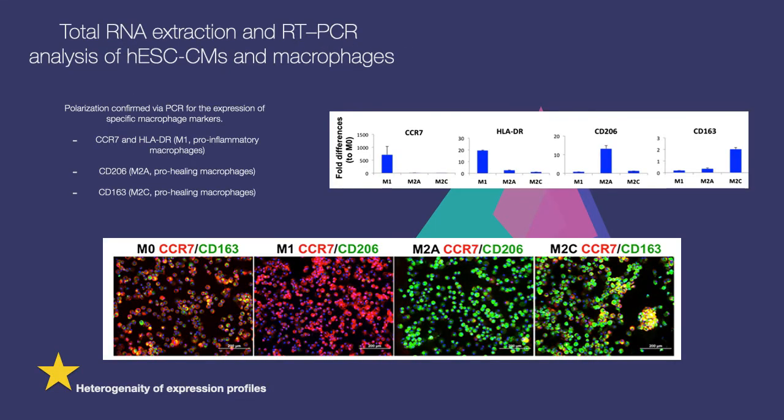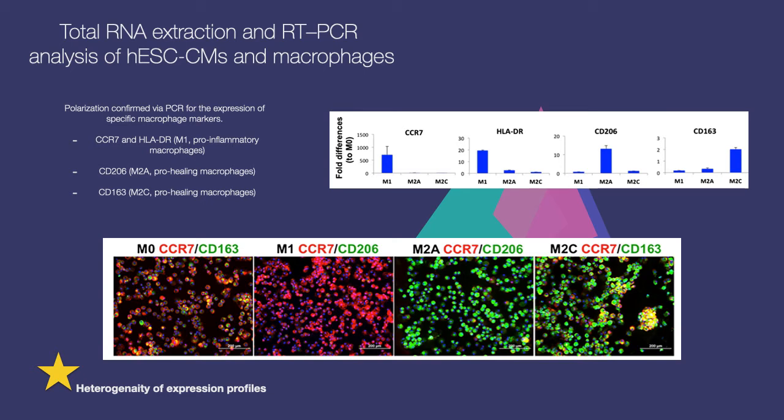So they confirmed the polarization of these monocytes into the specific macrophage subtypes by looking at specific markers. Specifically, CCR7 and HLA-DR are M1 pro-inflammatory markers.